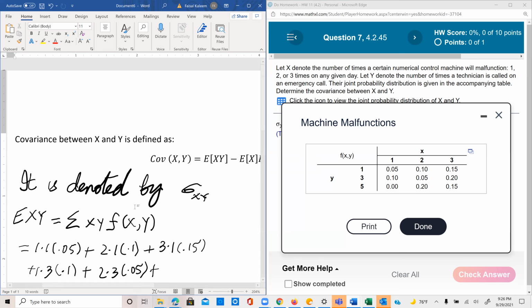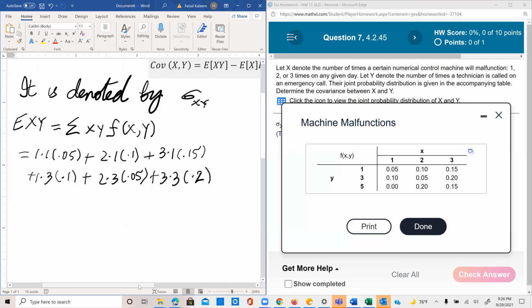Let's see how I did it. X1, y1, x2, y1, x3, y1. So I gave all the values to x first, and then I'm giving x1, y3, x2, y3, and then x3, y3. So 3 and 3, and f33 is 0.2.